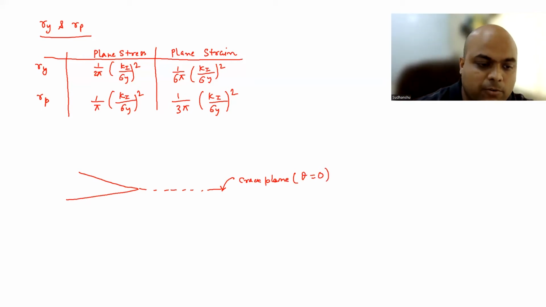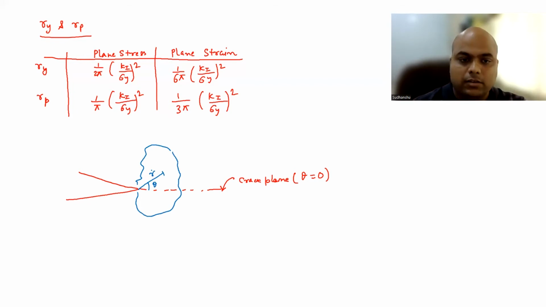Okay. So what we are going to do now is to calculate the plastic zone size at all angles of theta. So we are going to determine what is happening here. At theta and at a distance of r ahead of the crack tip. That is what we are going to do now.